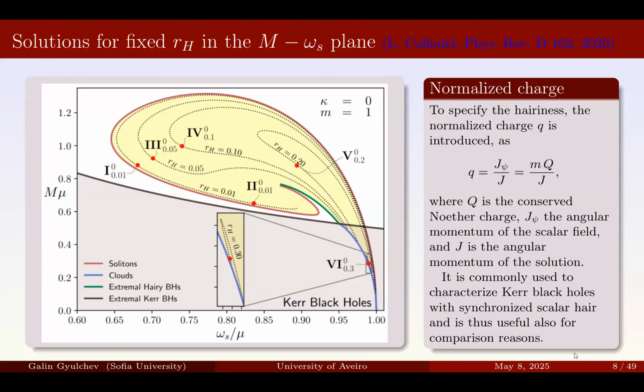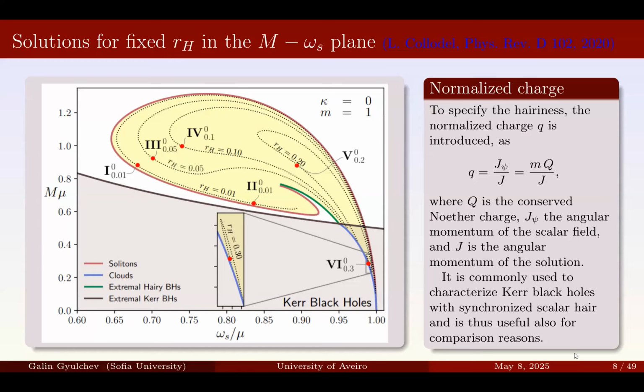But we are going to consider only this well area here. Here with the dashed line, we can see the solutions of the characteristic curves with constant horizon radius.